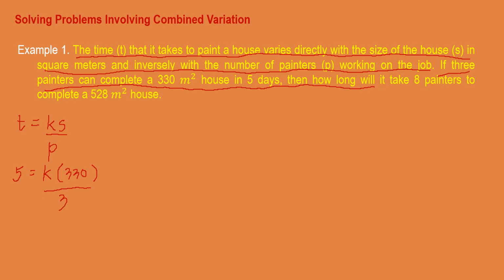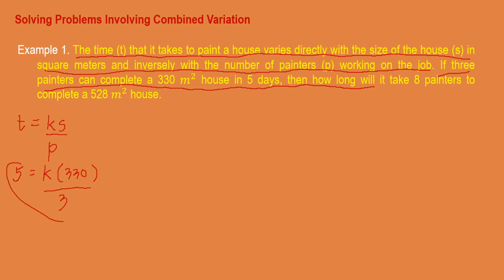So we have 5 is equal to K times 330 over 3. We substituted 5 to T, 330 to S and 3 to P. Now let us simplify.